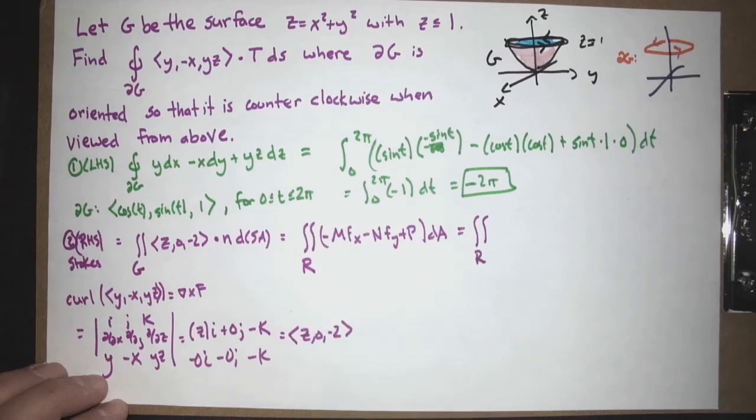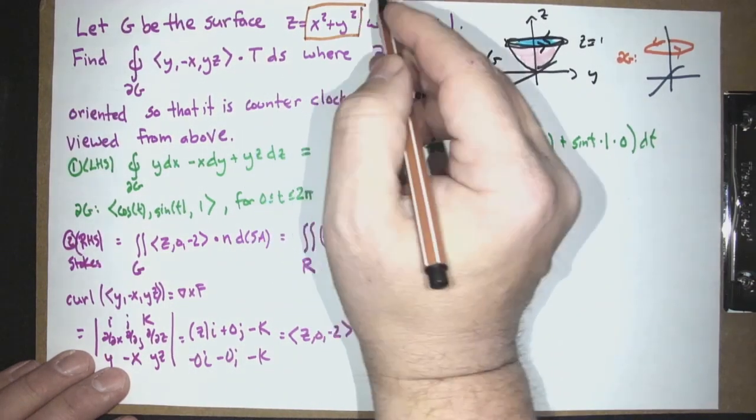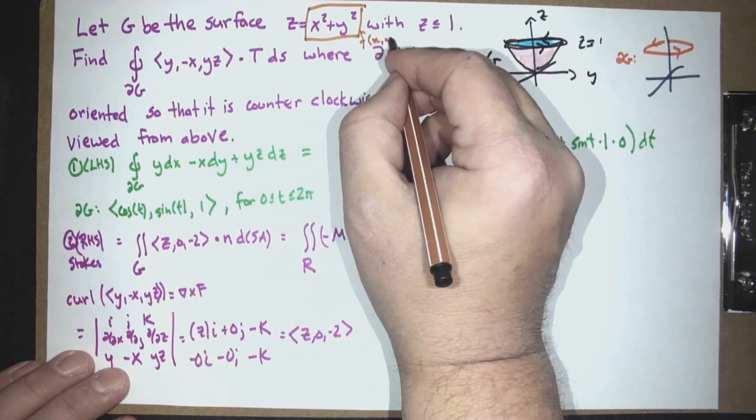First off, what's our function f? Our f is x squared plus y squared, f of x, y.